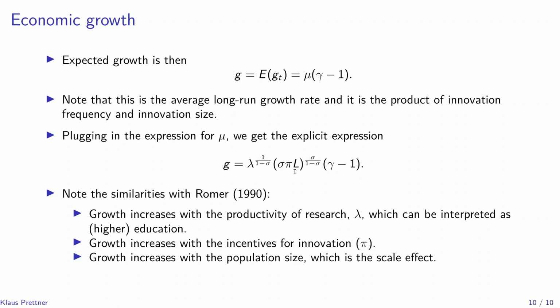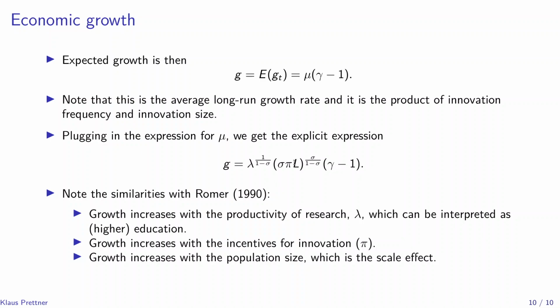Now we see the long run growth rate of the economy would increase if researchers are more productive, which can be interpreted as higher education. So the better educated scientists are, the higher would be their productivity, and that would raise economic growth, ceteris paribus. The larger the innovation step size is, would also lead to a higher growth rate.